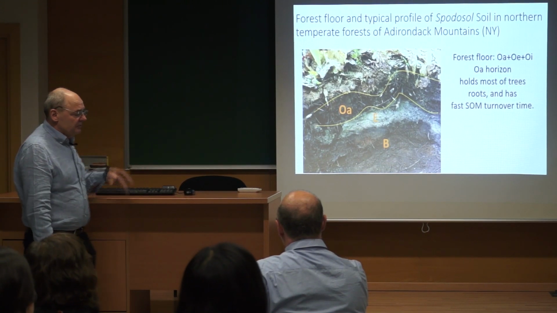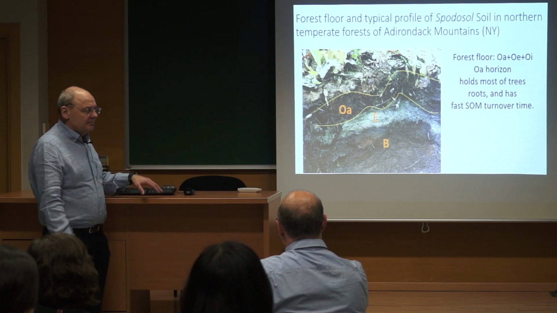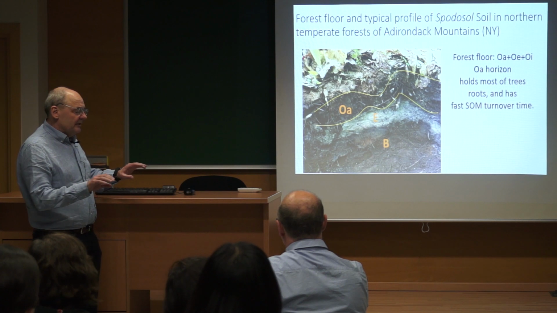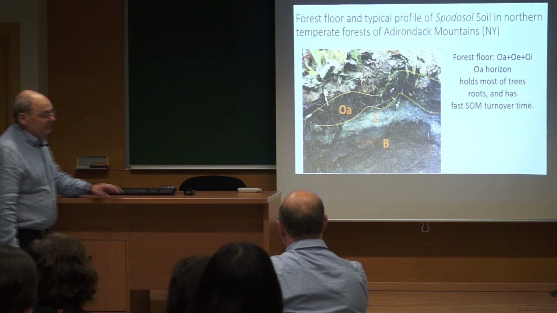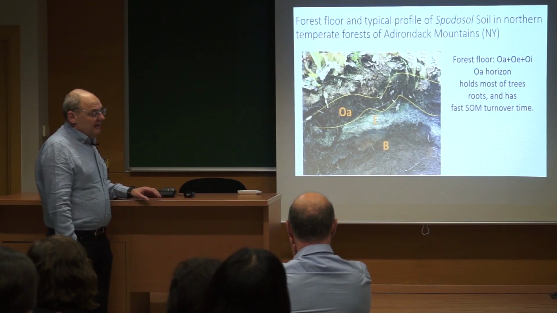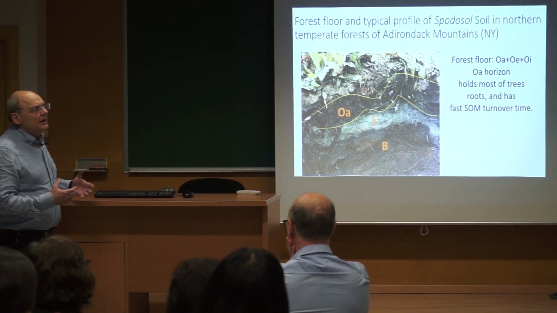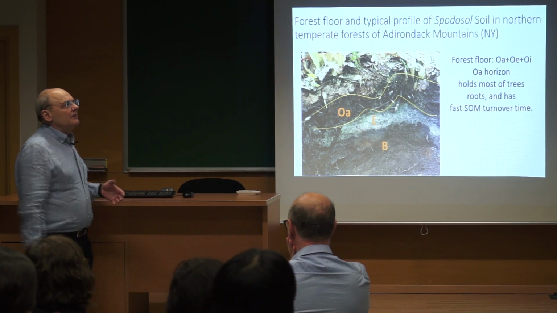They consist of litter layer on the top of floor, which is just fresh or semi-fresh litter. Then there is a fermented layer or fragmented layer, OE, and then finally below them there is a humic horizon, OA, which holds most of the organic carbon for this type of soils, and also it has rather fast turnover time of carbon.